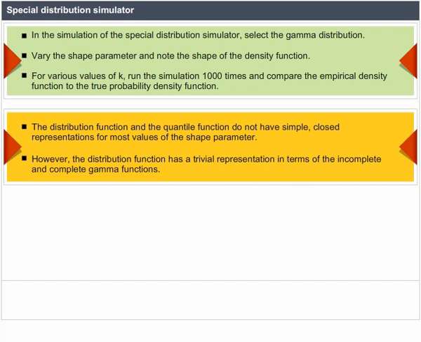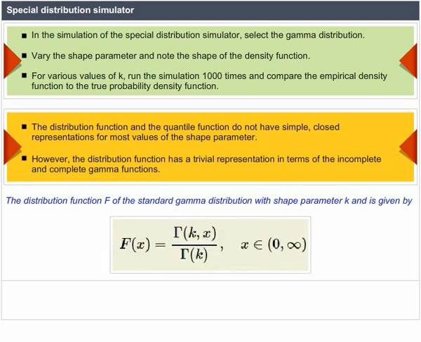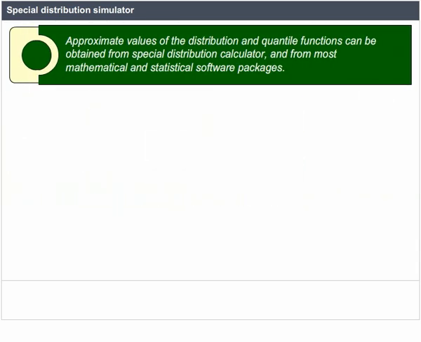The distribution function F of the standard gamma distribution with shape parameter k is given by F(x) = Γ(k, x) / Γ(k), where x belongs to (0, ∞).